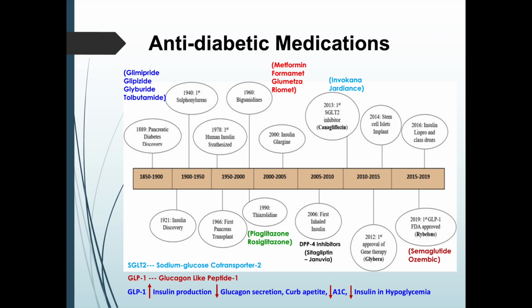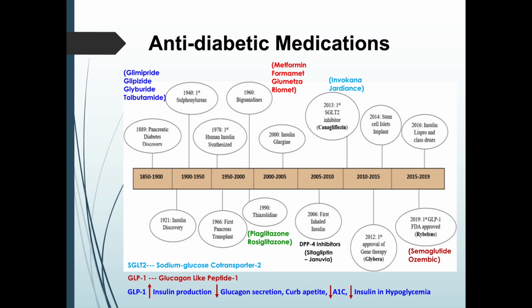Now what it does: GLP-1, glucagon-like peptide, increases insulin production. What are those GLP agonists? They are semaglutide, Ozempic, what you are seeing, the hot market of those drugs. Ozempic, semaglutide, and Rybelsus, those are the ones, the latest ones, approved by the FDA in 2019.